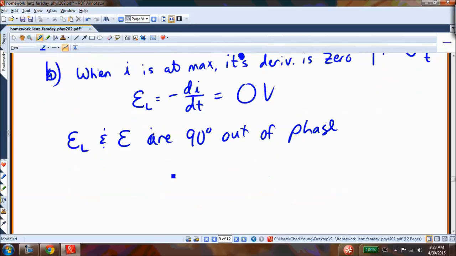So if I were to plot the phasor diagram, let's say this is EL over here. It's at 0. That means that E will be up there. It'll be at its maximum value because the separation between these is 90 degrees. So the generator, at this point, when the current is at its maximum, the EMF of the generator is going to equal 25 volts.